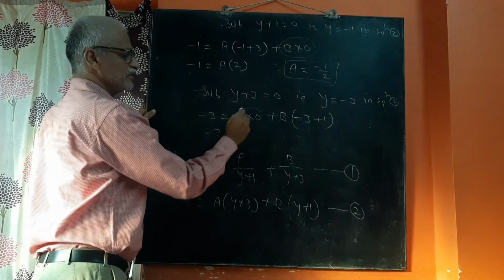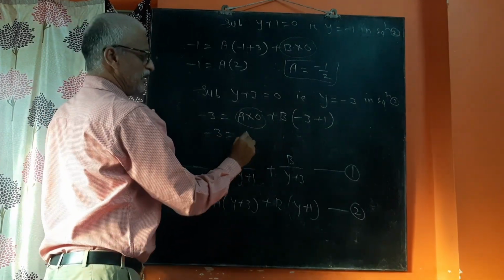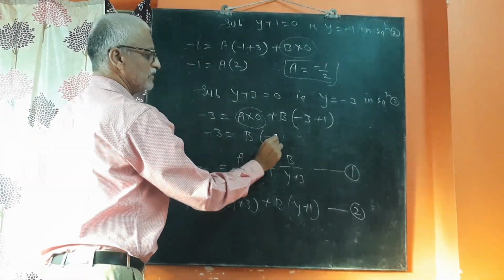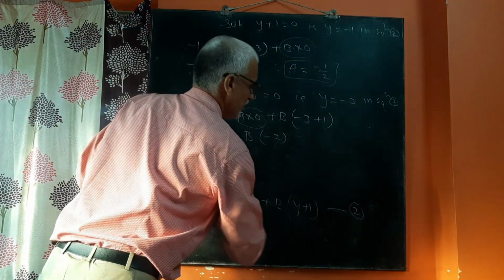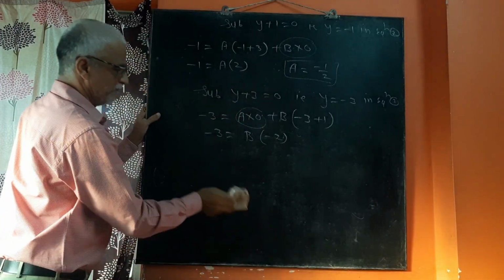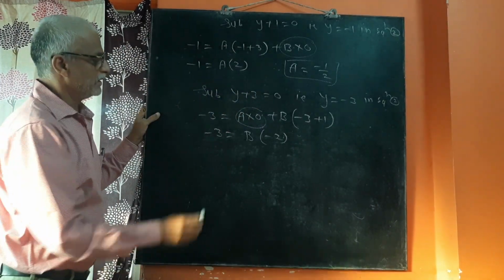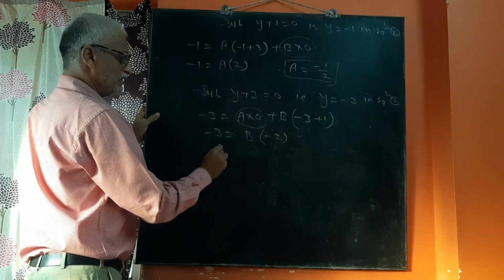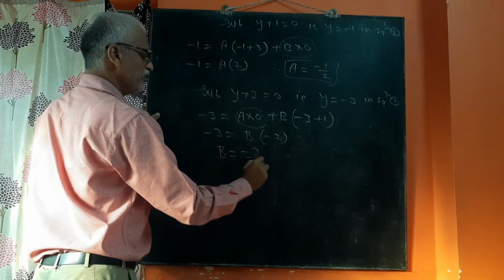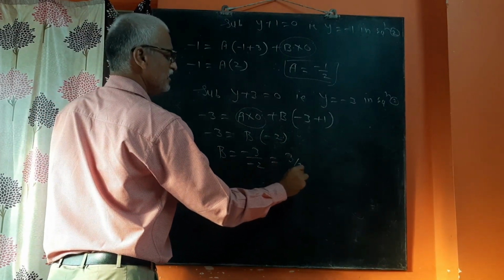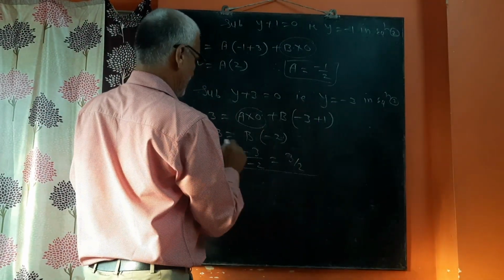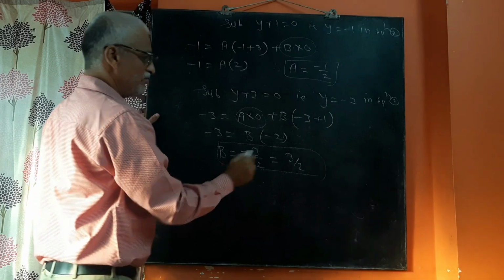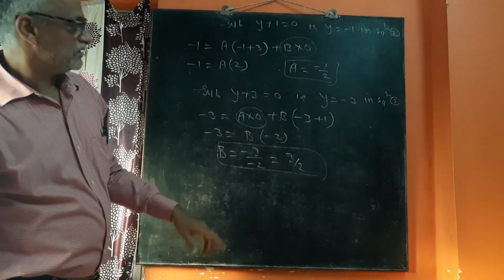Minus 3 equals b into (minus 3 plus 1), that means minus 2. So b equals minus 3 upon minus 2, and that is equal to 3 by 2. So we have got a equals minus 1 by 2 and b equals 3 by 2.